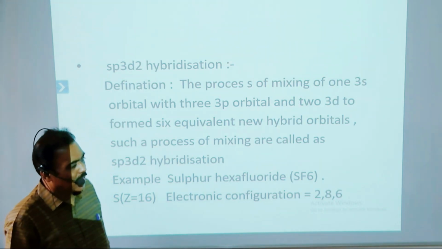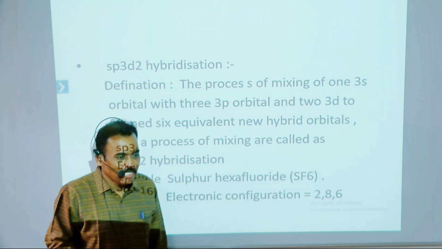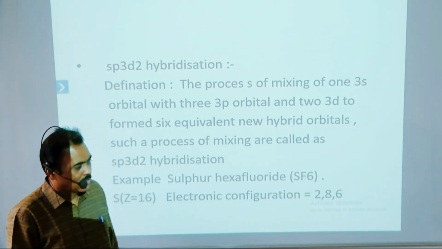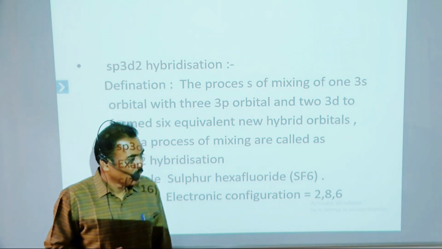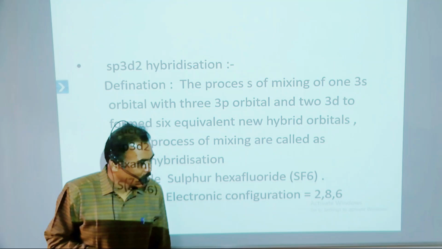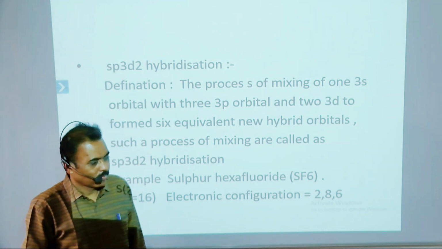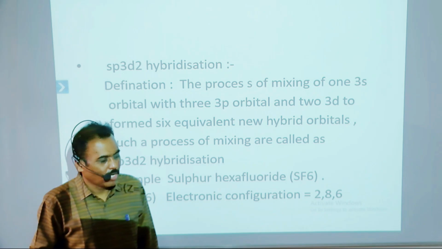Then the second type of hybridization is sp3d2 hybridization. The definition of sp3d2 hybridization is the process of mixing of one 3s orbital with 3p orbitals and 2 3d orbitals. It forms 6 equivalent new hybrid orbitals.